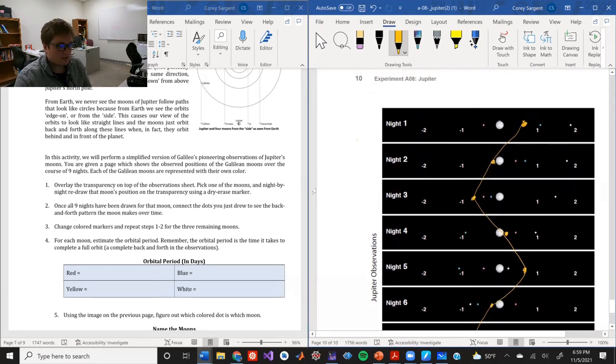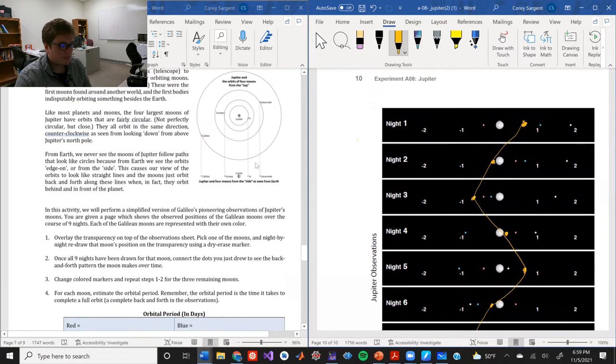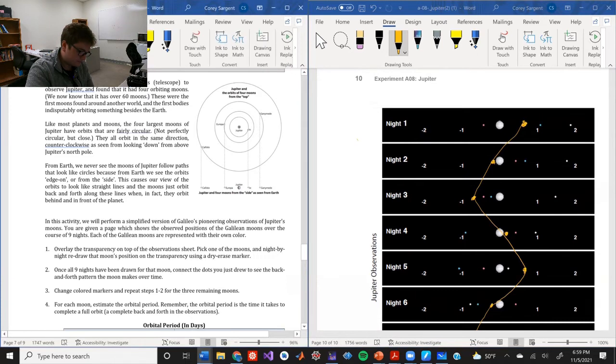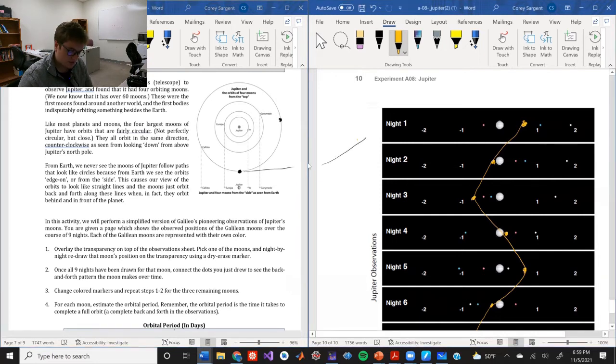Now what's going on here is that, for example, let's take this outer circle. You're seeing it at this point, and then you're seeing it again at this point. So this corresponds to night 1. This corresponds to night 2.